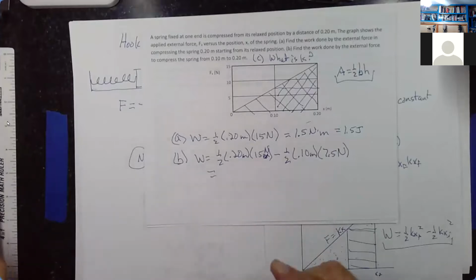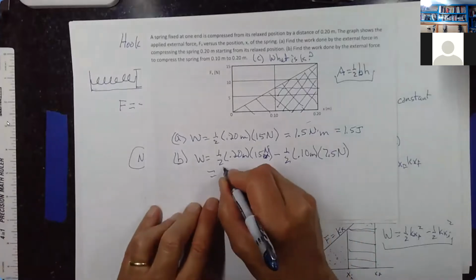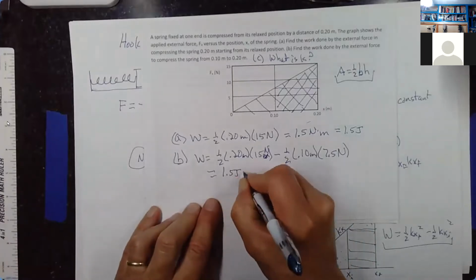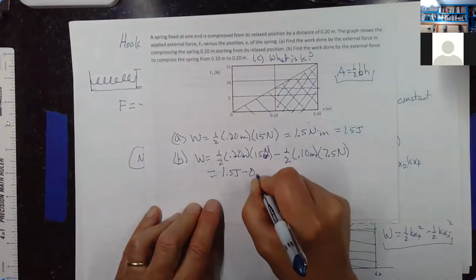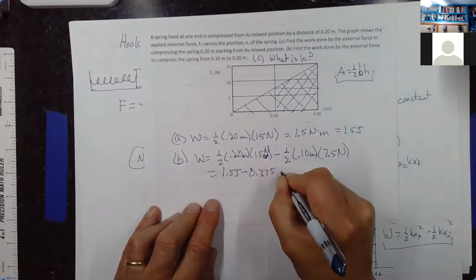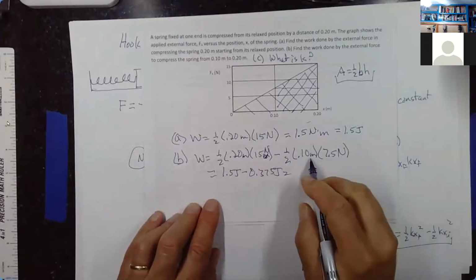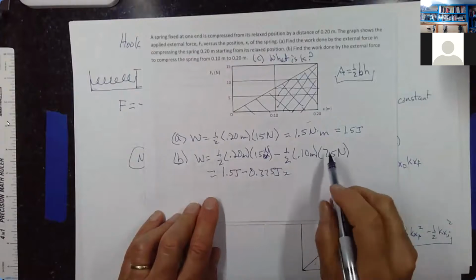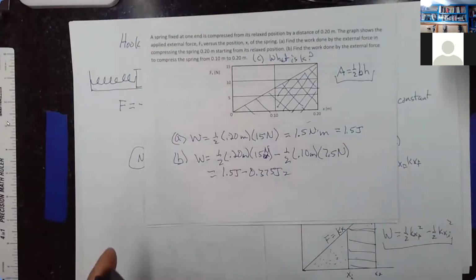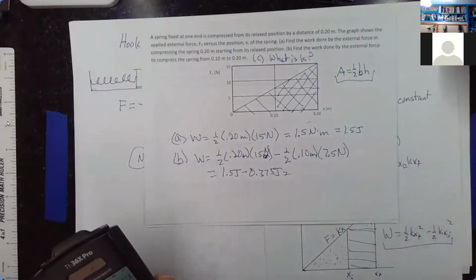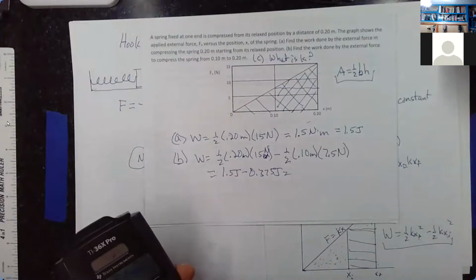Yeah, it's 0.375. So this one was 1.5 joules minus 0.375 joules. And meter times a newton is a newton meter, which is a joule.